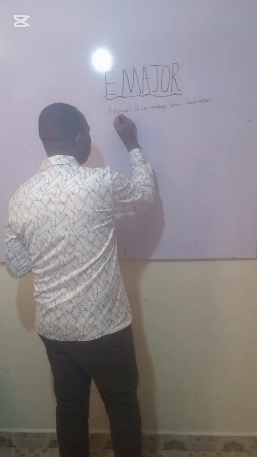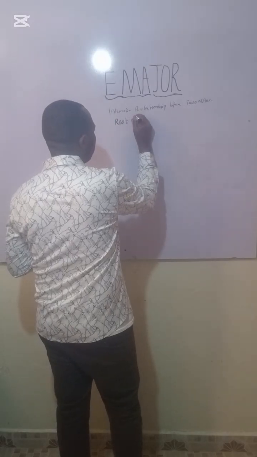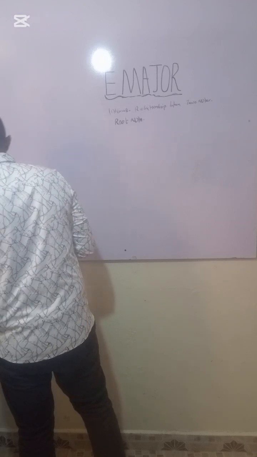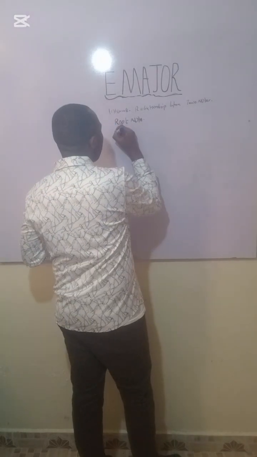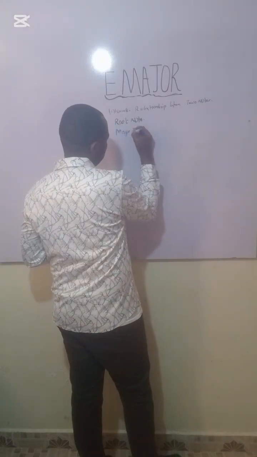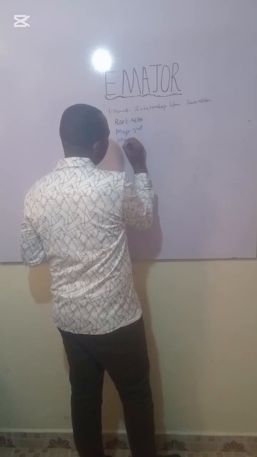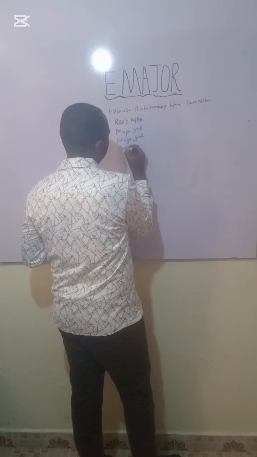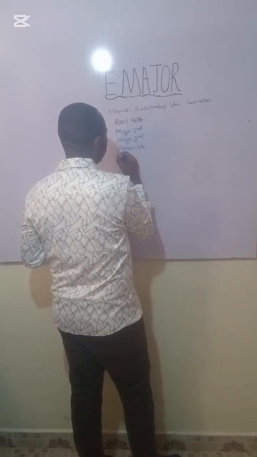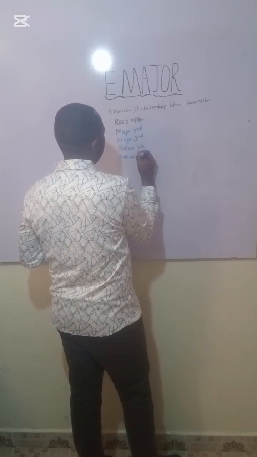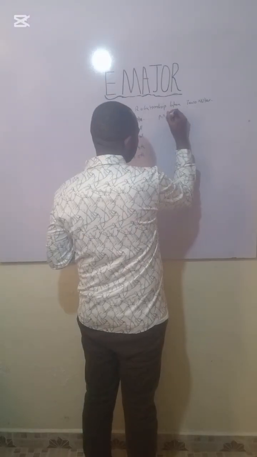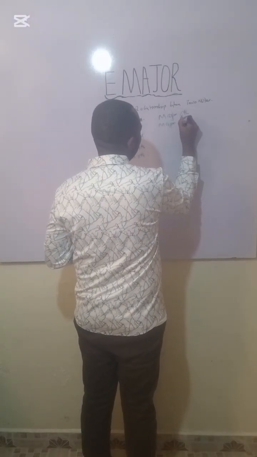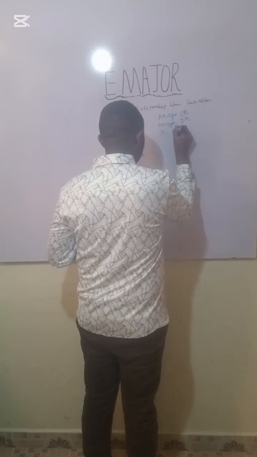So first we have a root note, then we have a major second, then we have a major third, then we have a perfect fourth, then we have a perfect fifth, then we have a major sixth, then we have a major seventh, then back to the octave.